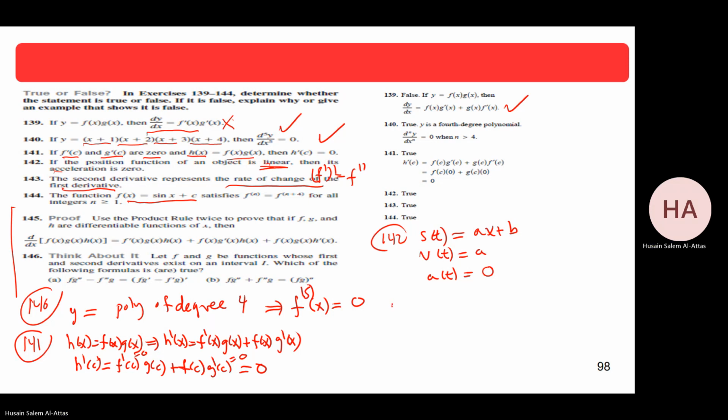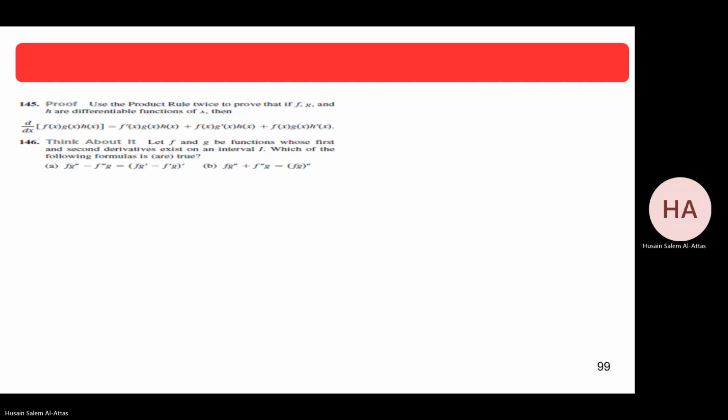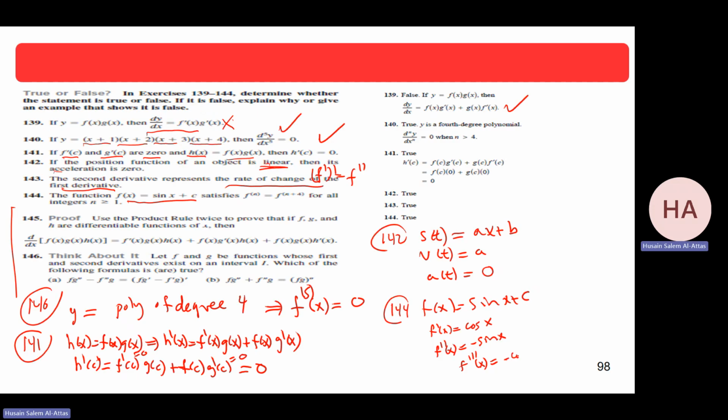144. f of x equals sine x plus c. We know what will be the first derivative? Cosine. Second, minus sine. Third is minus cosine.